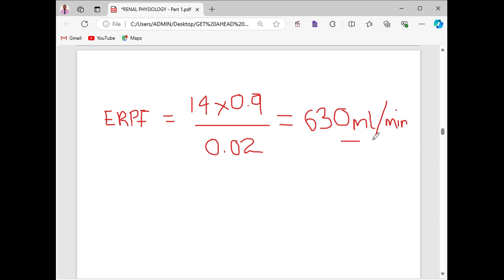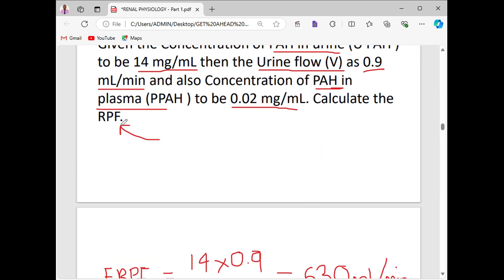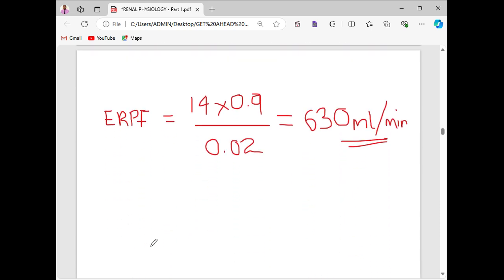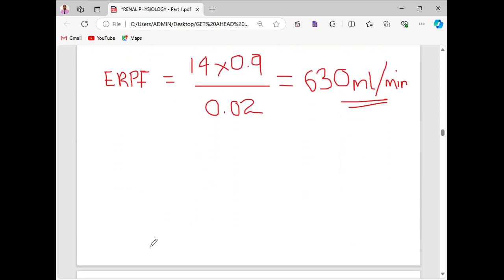So this value that we've obtained is for effective renal plasma flow. The question is telling us to find the renal plasma flow, but this one is effective, so you need to know how to solve this.